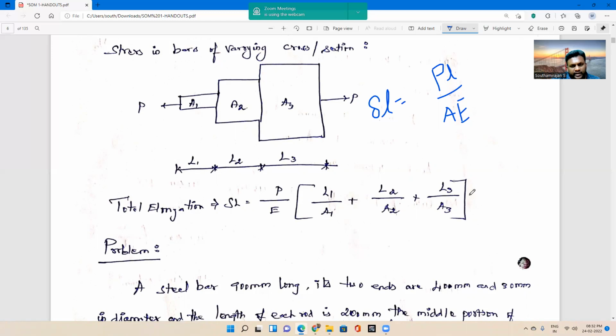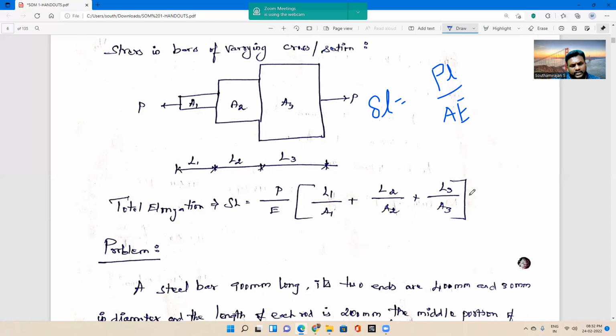The material may vary by length, or by its area value, or the member may vary by its load at different segments. The material may also vary by composition. It may be steel, or copper, or aluminum. If the material changes, the Young's modulus will also vary.